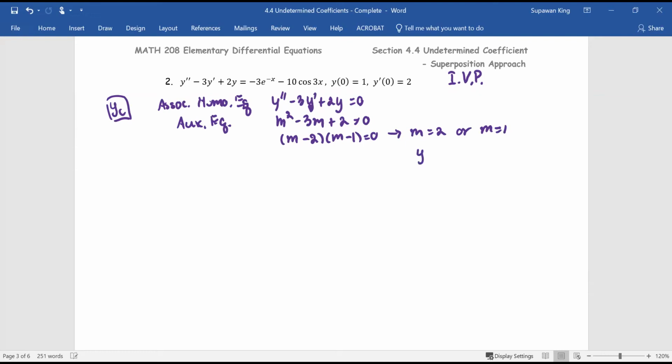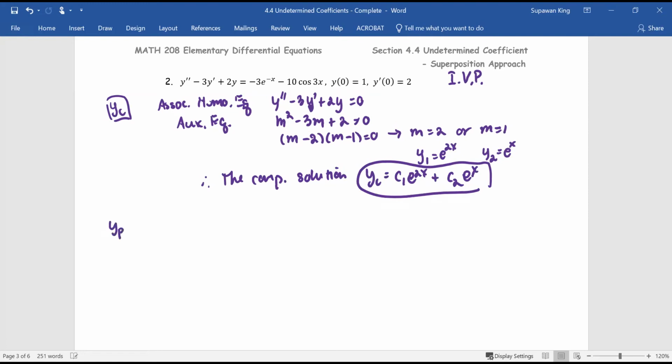Then we get the solution y1 as e to the 2x, solution y2 as e to the x, then the complementary solution, or yc, in the form of the linear combination of y1 and y2 as c1 e to the 2x plus c2 e to the x.